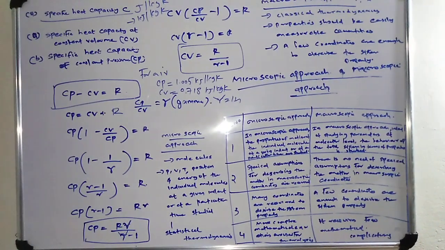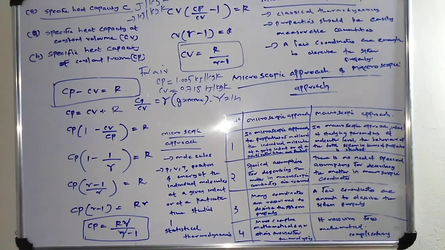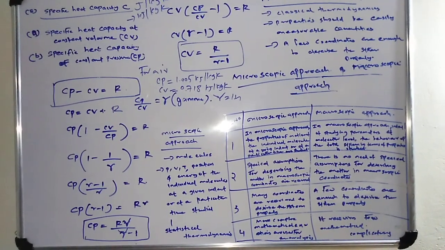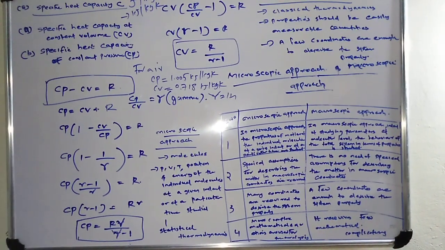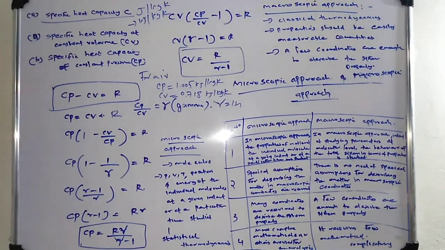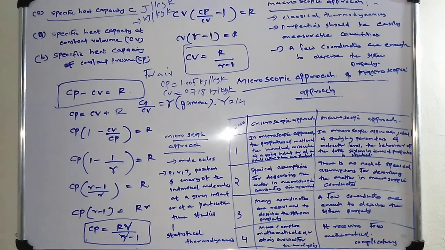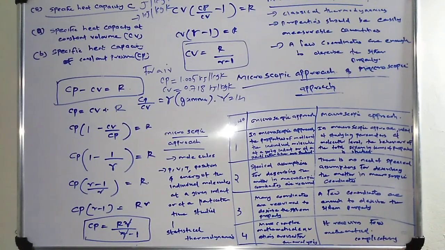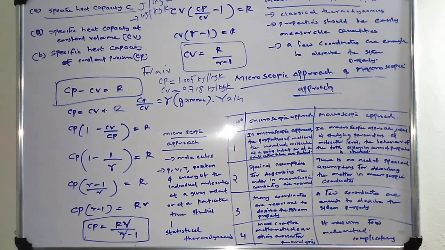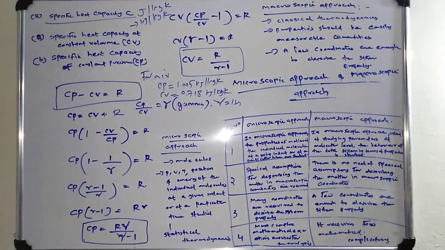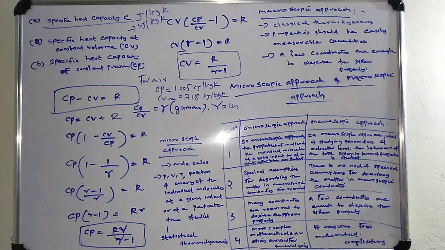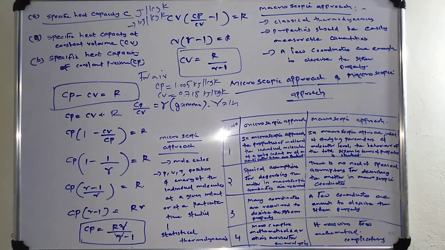From the microscopic point of view, matter consists of myriads of molecules. In this approach, the properties such as pressure, velocity, temperature, position and the energy of the individual molecules at a given instant or at a particular time are studied. This approach is known as the statistical thermodynamics approach.